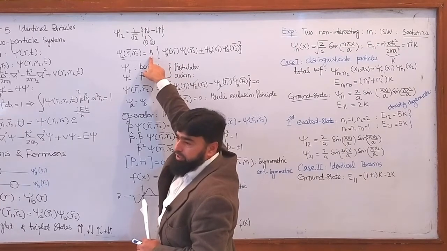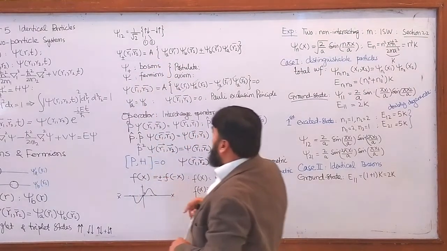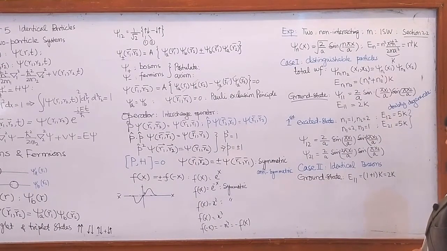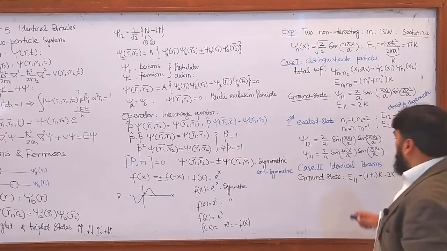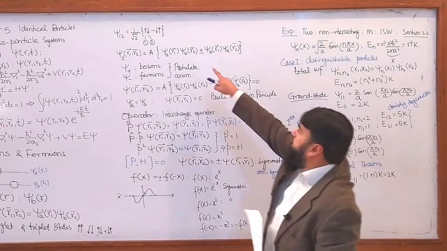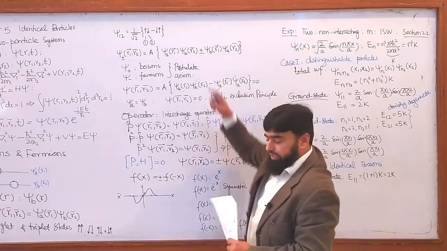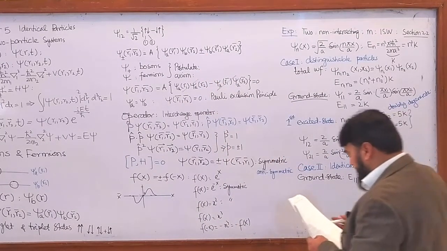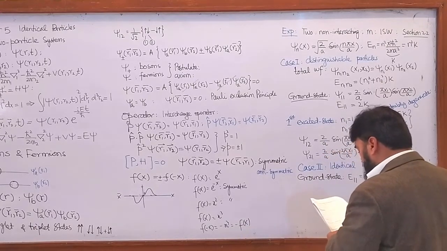This is the normalization constant. So I will have to come to that equation, and now I know that if the particles are bosons, I will have to write the plus sign here. Now let's start with this one and see what it will be.